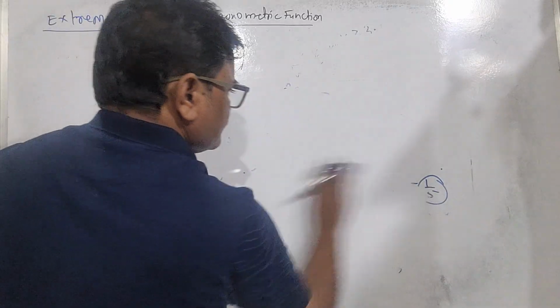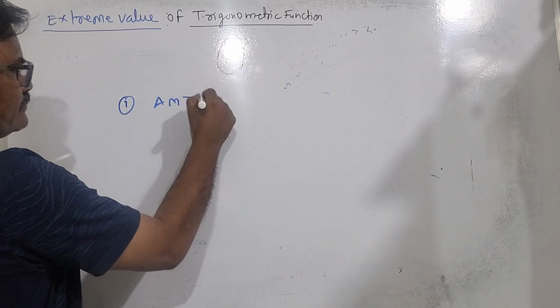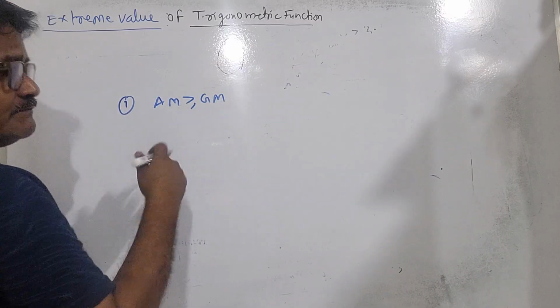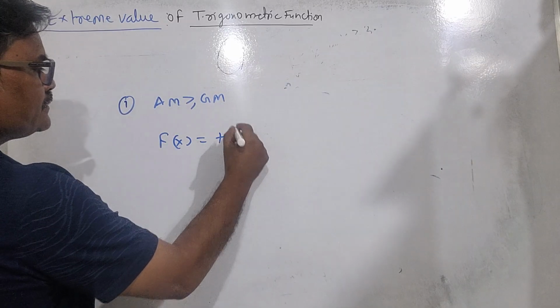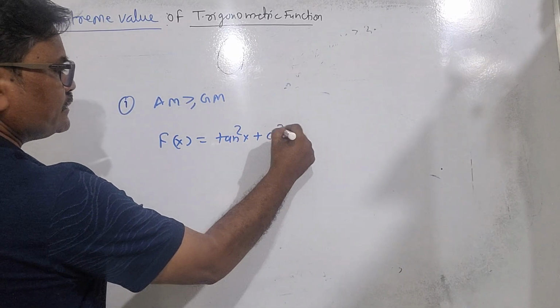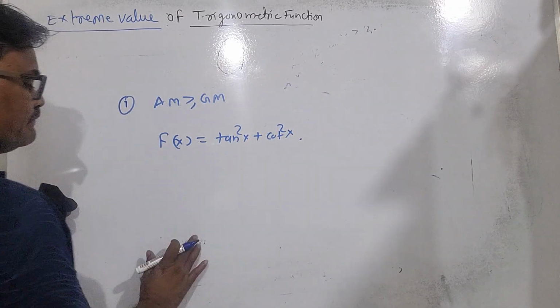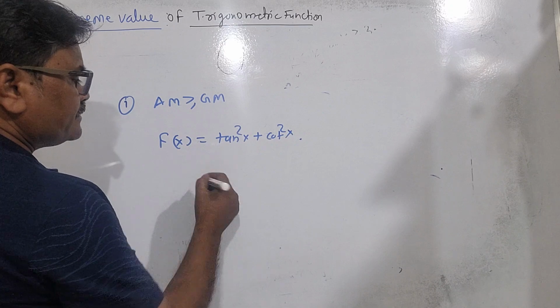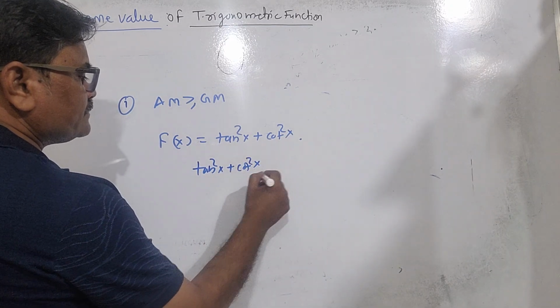And again we can have this concept, AM greater than equal to GM. We can apply it here to find out the range of the trigonometric function. For example, f(x) equal to tan square x plus cot square x. So these are positive quantities. So therefore we can apply AM greater than GM: tan square x plus cot square x divided by 2.